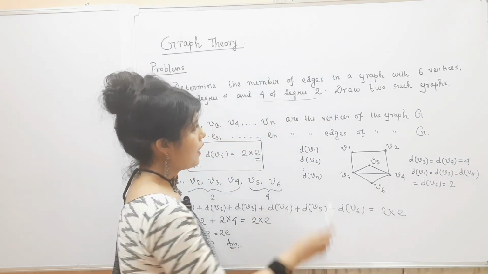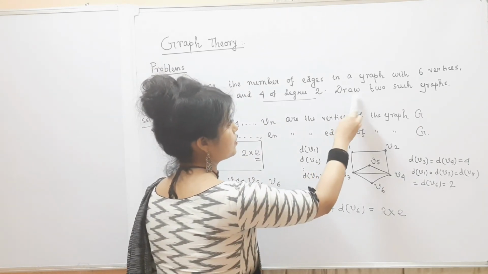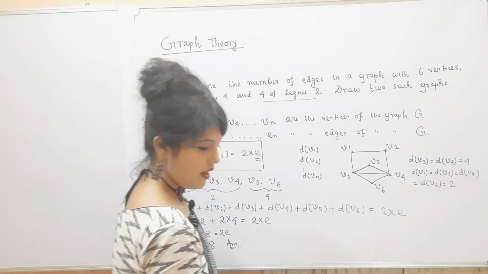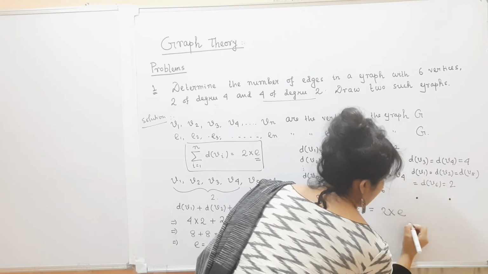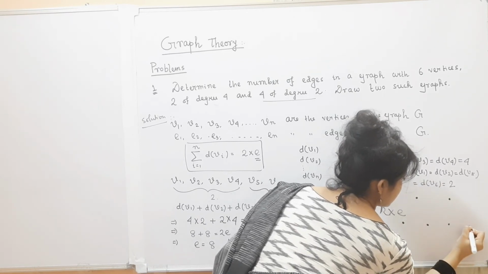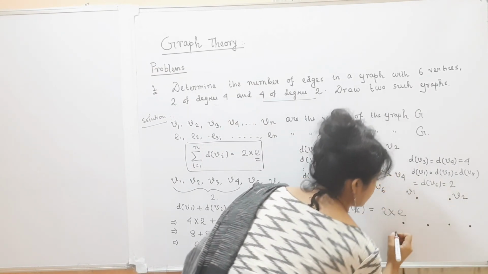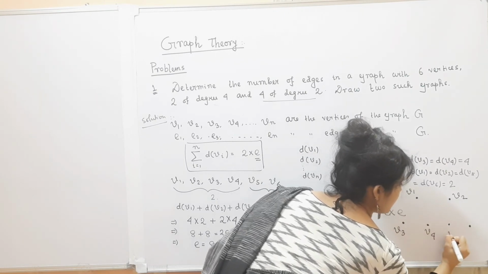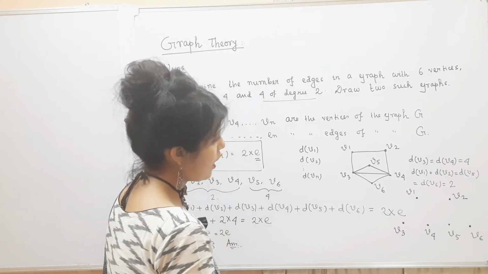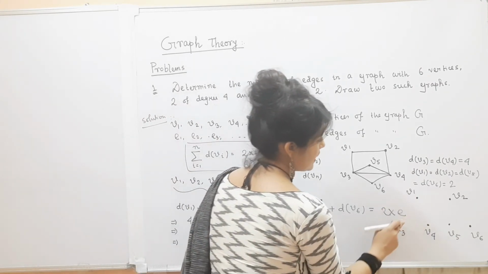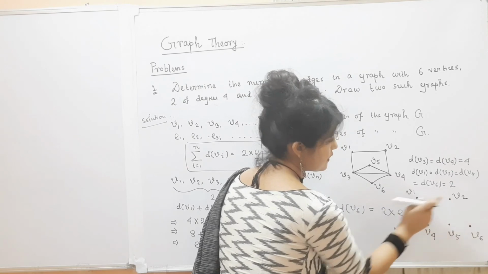Now you have to draw another kind of graph having the same properties, because you have to draw 2 such graphs. Here I am drawing another graph. There are again 6 vertices: V1, V2, V3, V4, V5 and V6. Now 2 vertices should be adjacent to 4 vertices, because 2 of them are of degree 4.